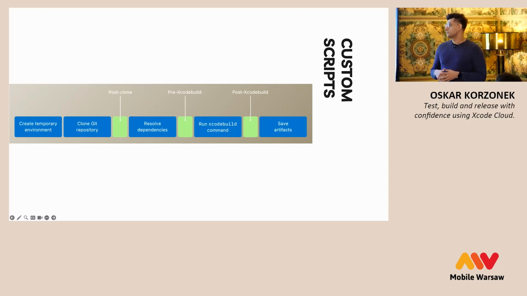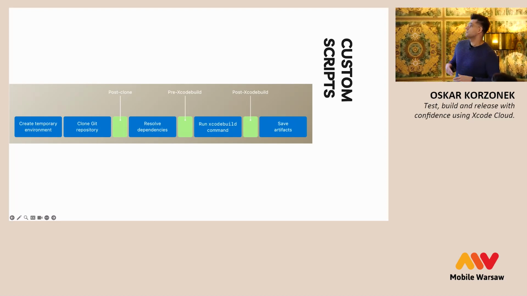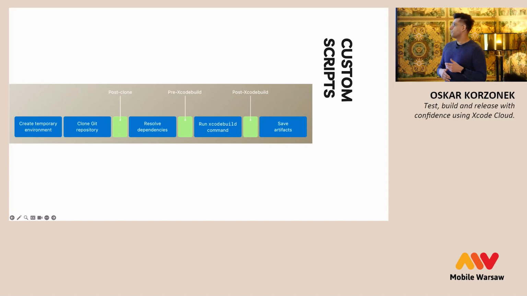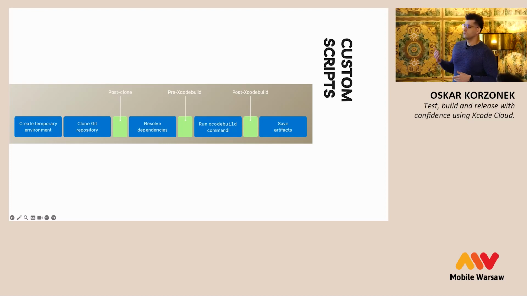Also, after Xcode resolves dependencies, which is worth mentioning, Xcode Cloud works with CocoaPods and with Swift Package Manager. After that, again, you have your time to execute your script, which is called pre-Xcode build script. And after the build, again, you have a chance to run your script.